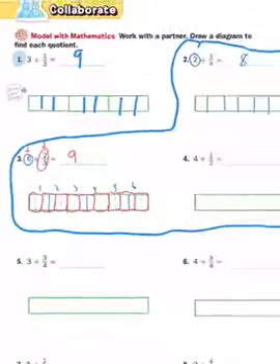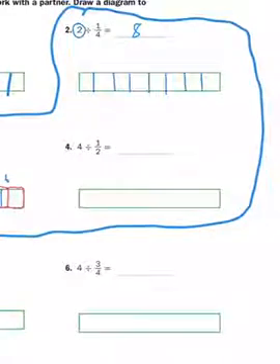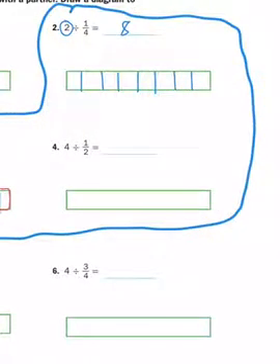All right. And in number 4, we have 4 divided into halves. So if I have 4 wholes, let me start with that. There are my 4 wholes. And I'm going to figure out how many halves I can get out of there. So let me cut each whole in half.